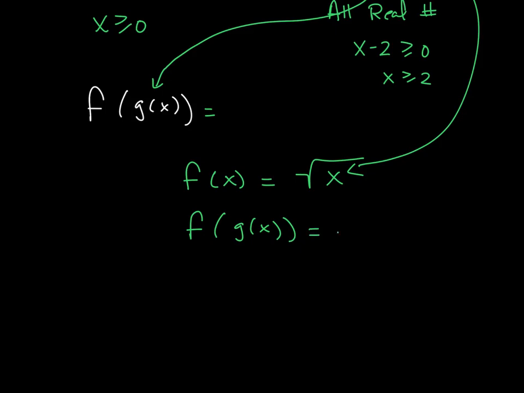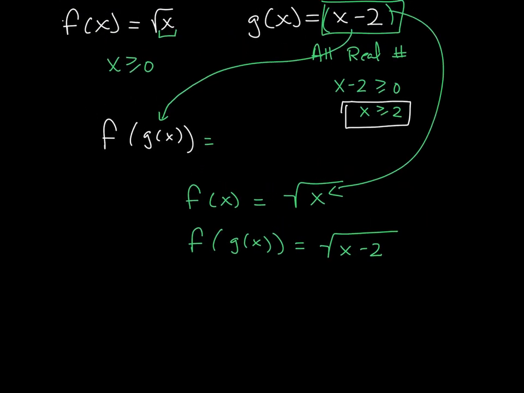So this is equal to the square root of x minus 2, which again matches what we set up here. So the domain of my composite function is both of these, and the stronger of the two statements, x must be greater than or equal to 2, includes the fact that the domain for f of x had to be greater than or equal to 0.